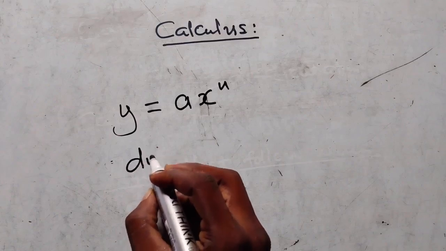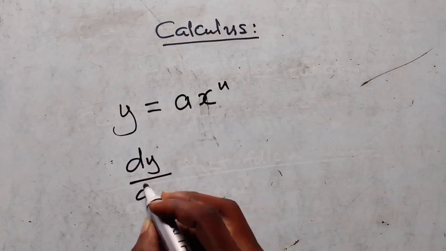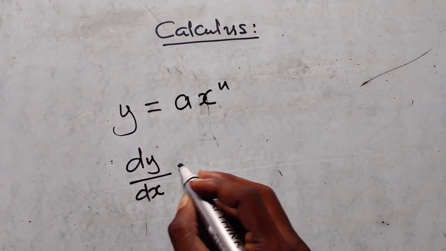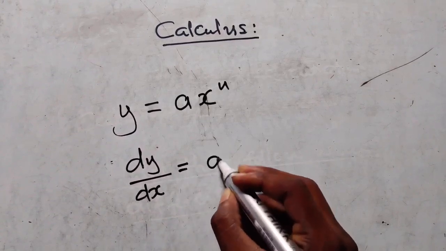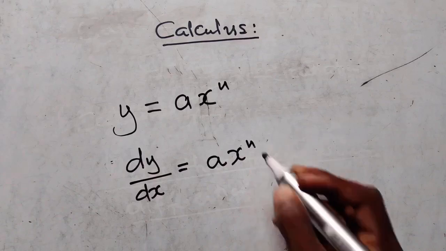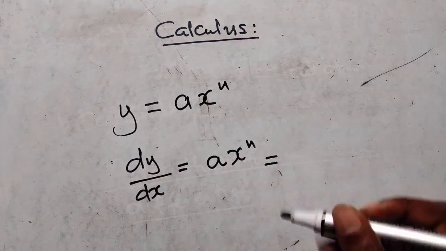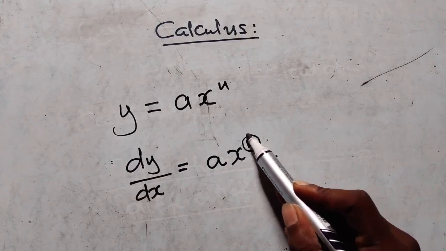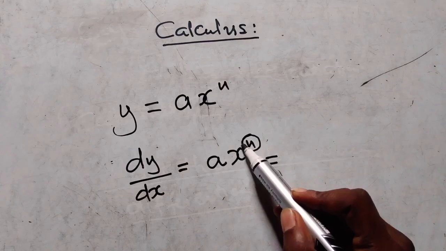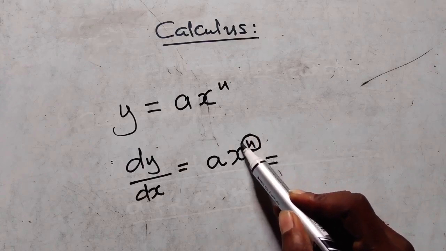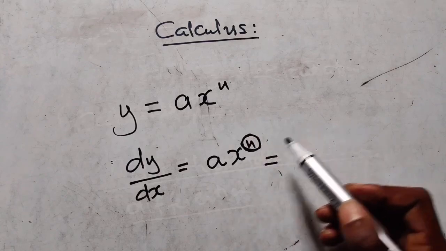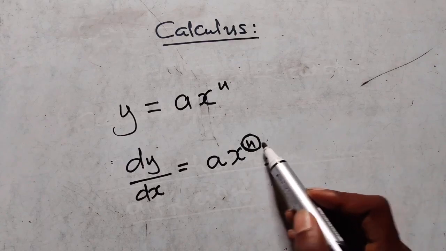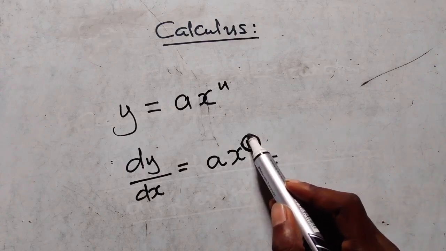We say dy dx is equal to ax to the power n. So what do we do, guys? Are you seeing this n which is here? This n represents the power. Any power that you can have here, either power 1, power 2, power 3, is represented by this n.